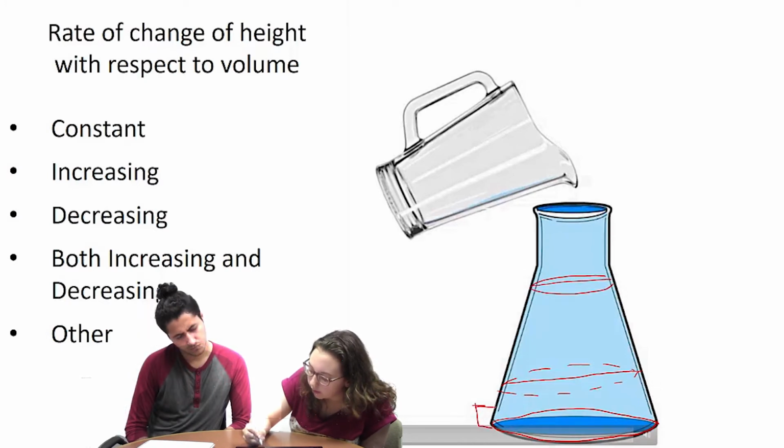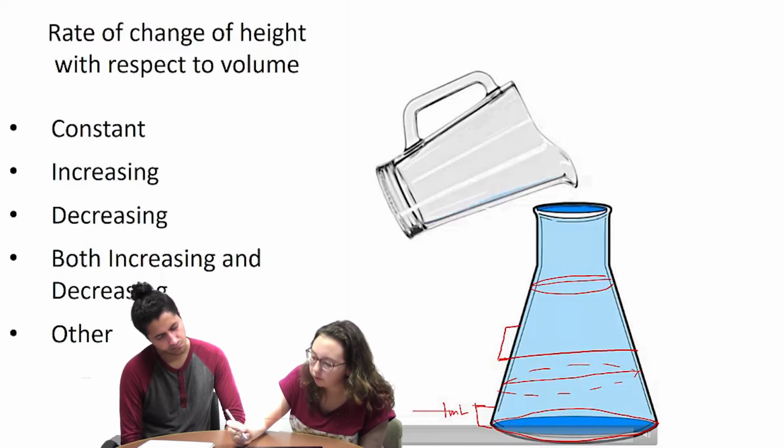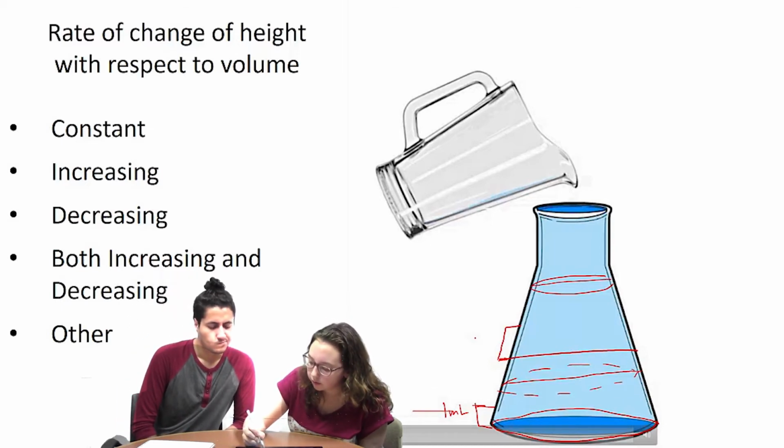If we add the same amount of water, say we add 1 milliliter, but if we added, let's say from here, say this was our height, and then we add 1 millimeter, I think the water would fill up more of the flask because it gets narrower at the top.